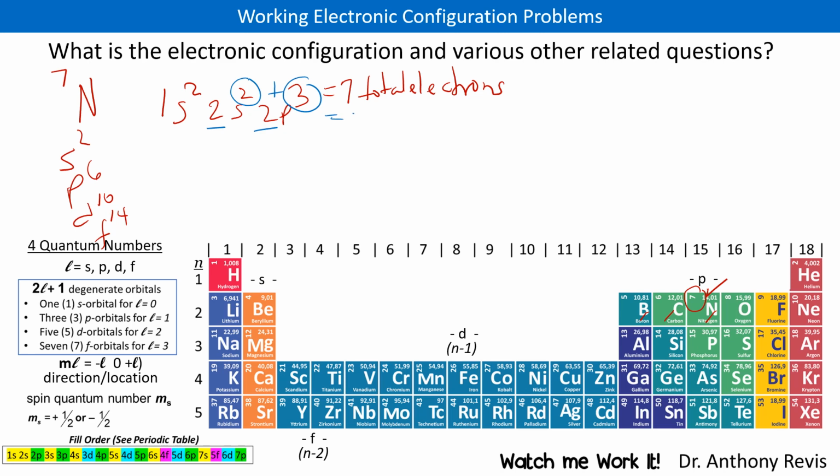So we have 5 valence electrons. And if I want to check that, I would simply count 1, 2, 3, 4, and 5 valence electrons by counting them on the periodic table. So I have 5 valence electrons.